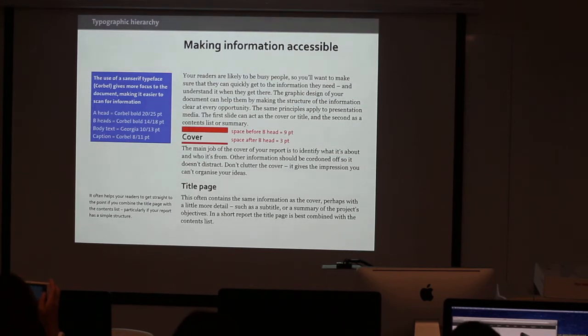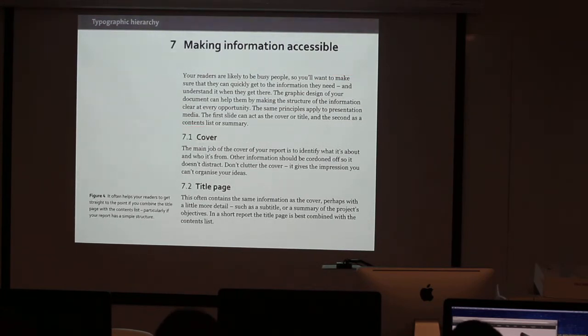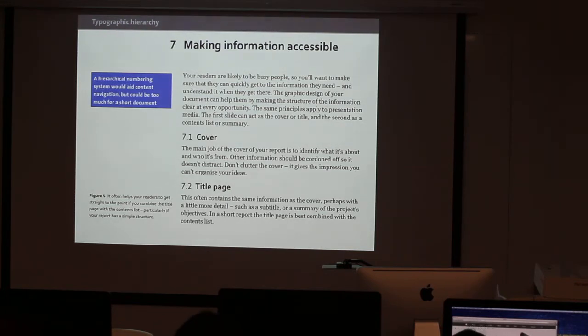So I've used space to separate these elements so it's easier to understand the structure. I've used a fixed gap here between the A head and the first paragraph. Okay. So now I've added a hierarchical numeric system to help people navigate the structure.